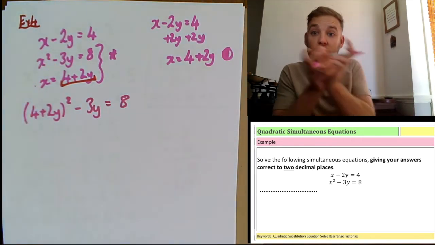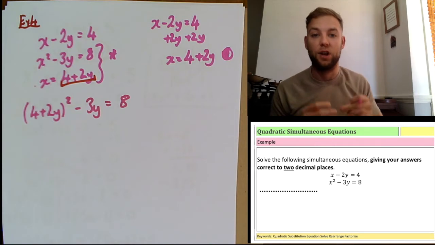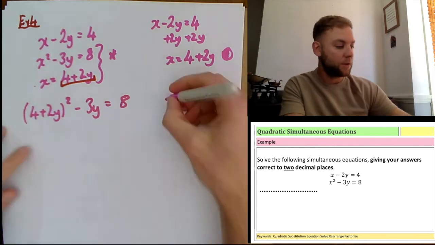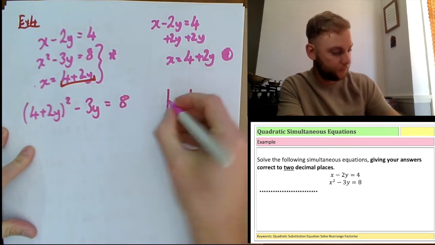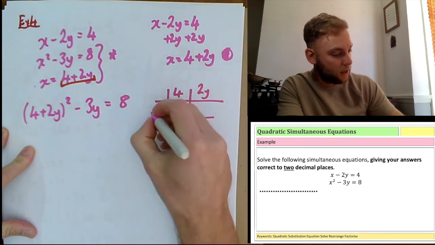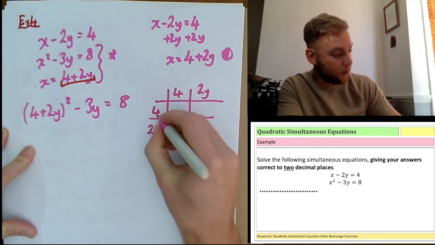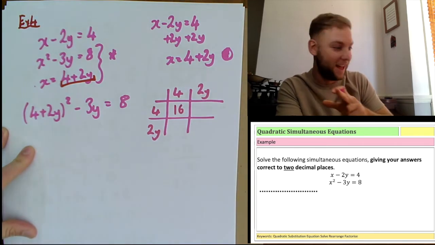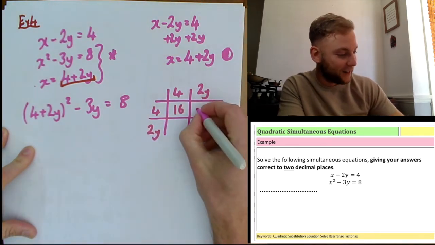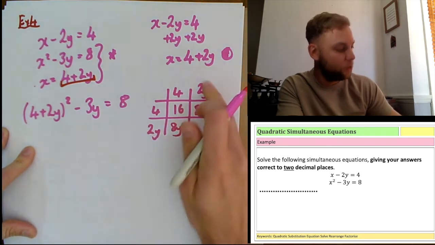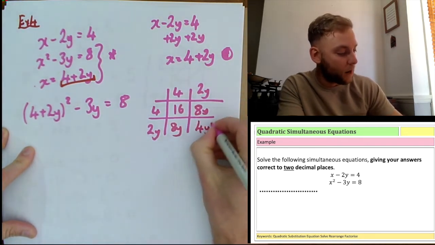Brilliant. So I've substituted in that value. The next thing I need to do is to expand this bracket and make it equal to 0. So I'll expand the bracket over here. So 4, 2y, 4 and 2y. 4 times 4 is equal to 16, not 8. I nearly put 8 then. 4 times 2y is equal to 8y. 4 times 2y is 8y. 2y times 2y is 4y squared.